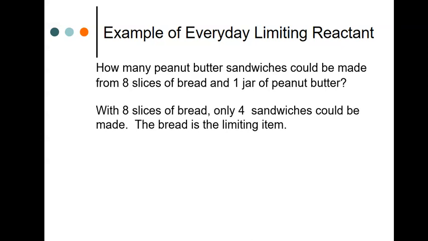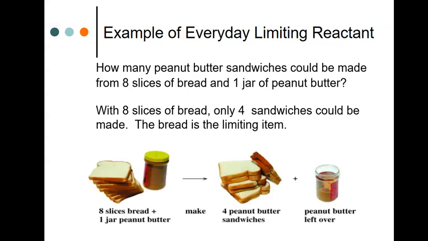The bread is the limiting item because you run out of bread. After making 4 sandwiches, you don't have any slice of bread left over, but you still have excess peanut butter in the jar. So your bread is your limiting item and your peanut butter is your excess.